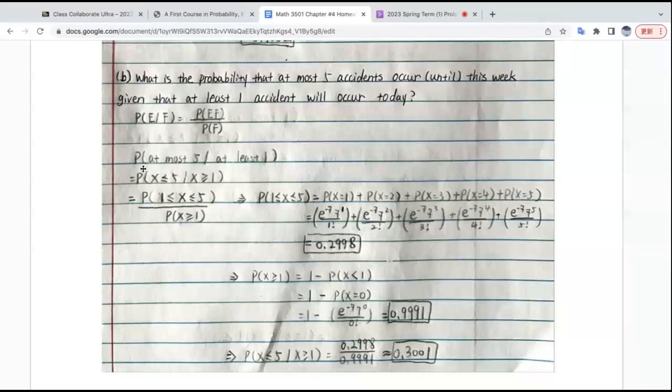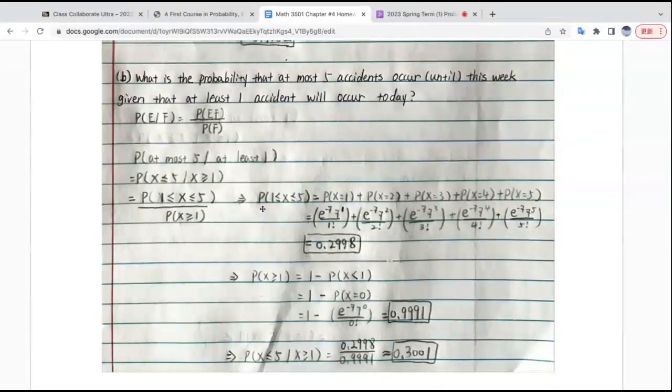So the probability of at most 5 given that at least 1, which is equal to the probability of X less than or equal to 5, given that X greater than or equal to 1. Then by the conditional probability, which is equal to the probability of 1 less than or equal to X less than or equal to 5, divided by the probability of X greater than or equal to 1.